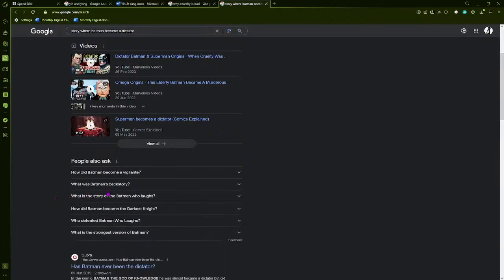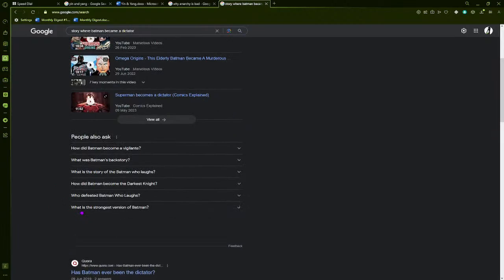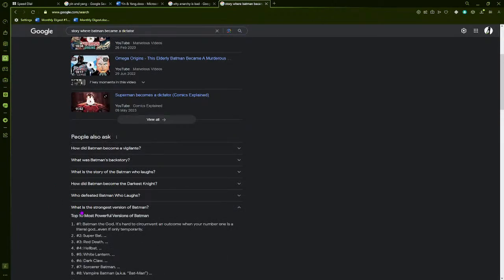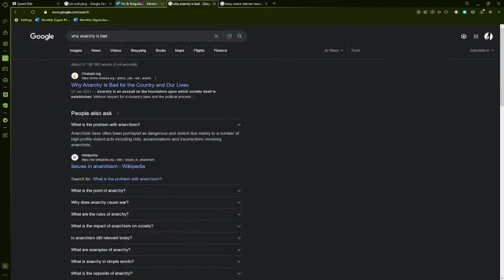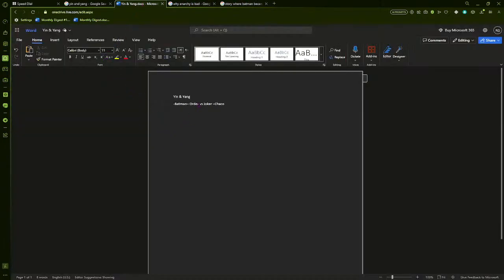So yeah, Batman has been a dictator before, and that is essentially what happens when chaos is taken out of the equation.